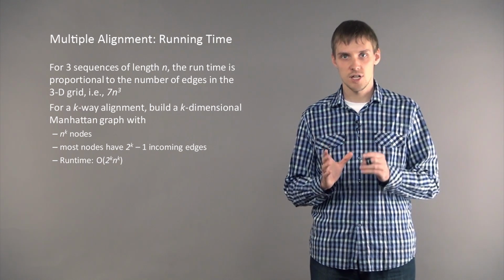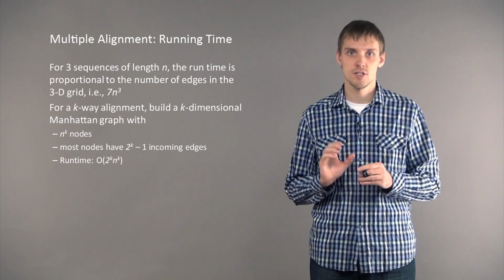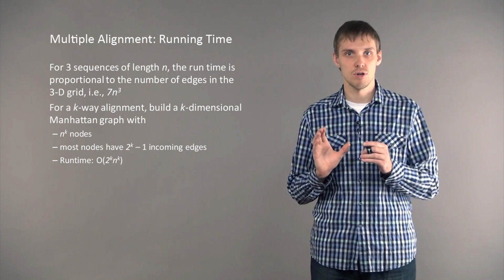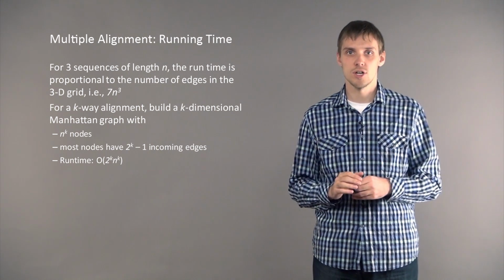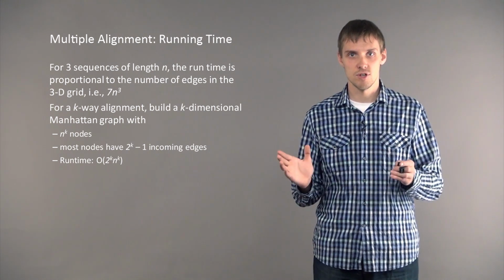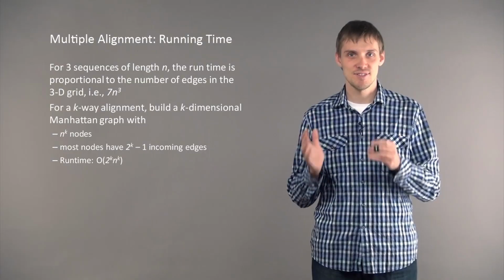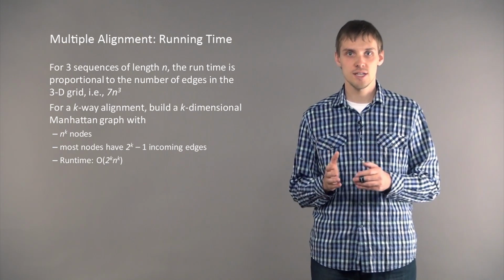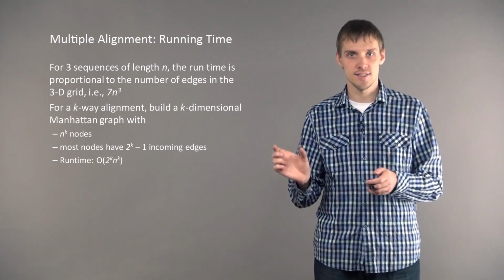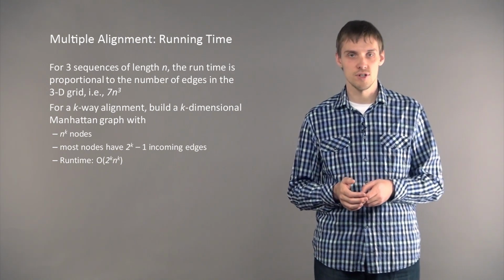So this algorithm will work for small sequences, a small number of sequences, or many sequences of small length, but it won't work in feasible time for many long sequences. For example, to find a multiple alignment of 18 sequences of length 18 each, you will need more time than the age of the universe.